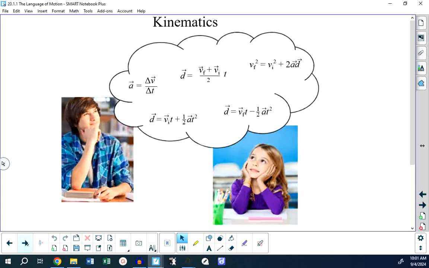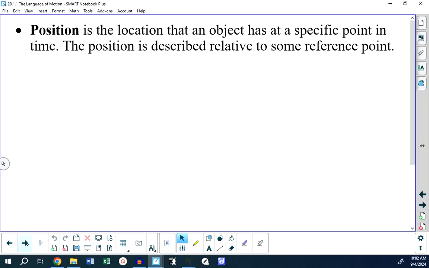And it turns out that any of these things with arrows over top of them are vectors. And if you don't include the direction in your calculation in this formula, you don't get the right answer. Okay? So much of what we do is going to rely on you understanding that vectors can be put into formulas, and in some way you can put the direction in the formula.